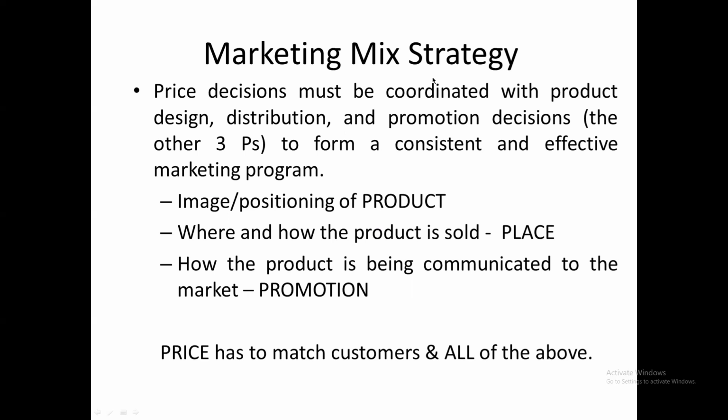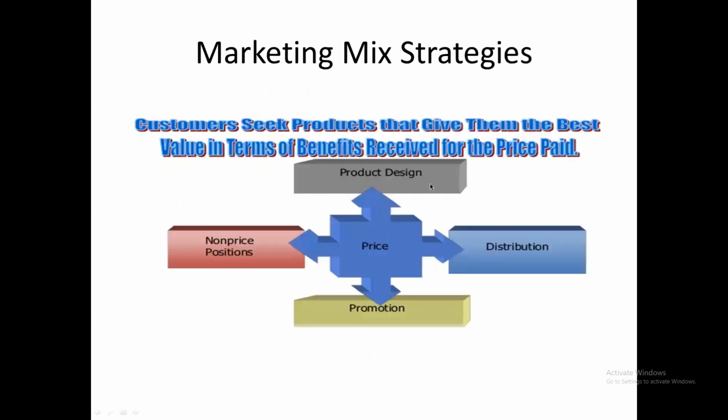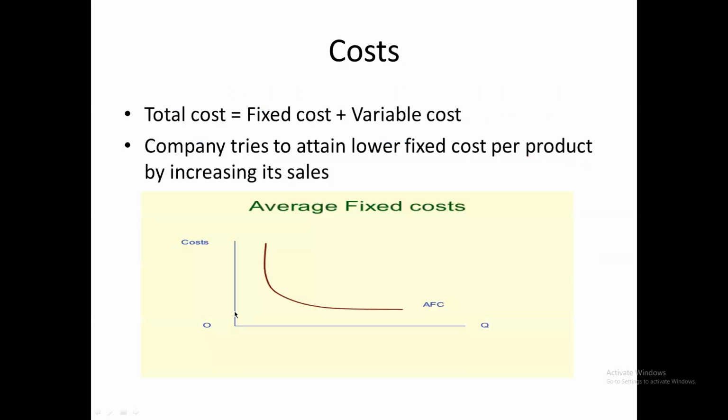That is the promotion. We have to be careful about the mix strategy: product, place, and promotion. Price has to match customers and all of the above. Marketing mix strategy: the price has to comply with the product design and distribution, promotion, and non-price positions.